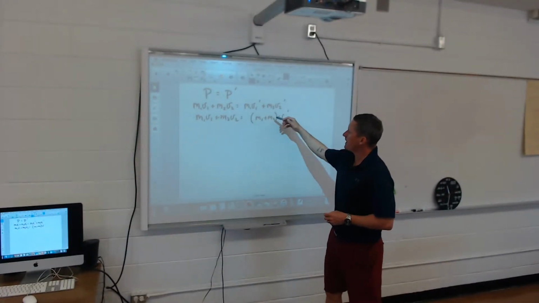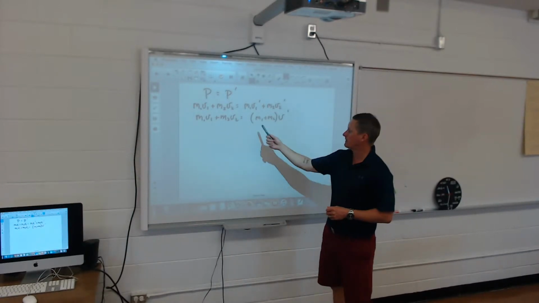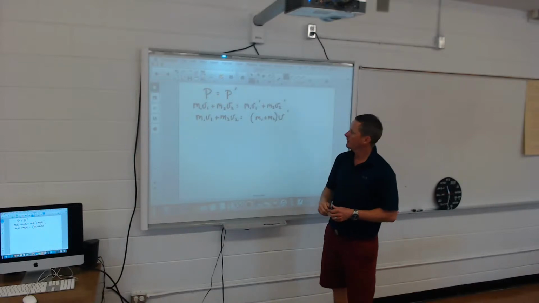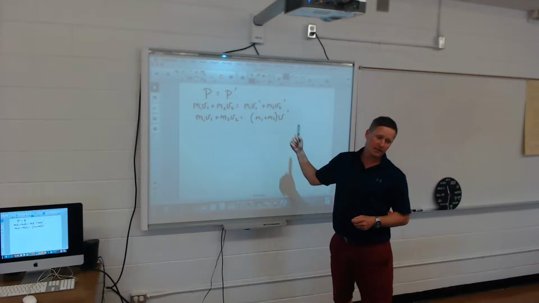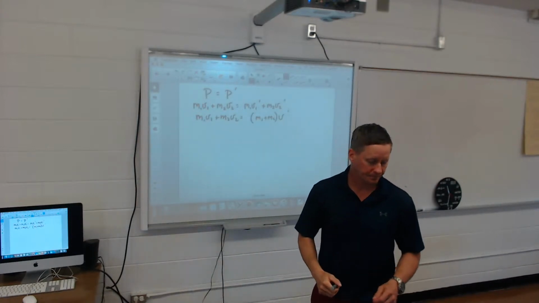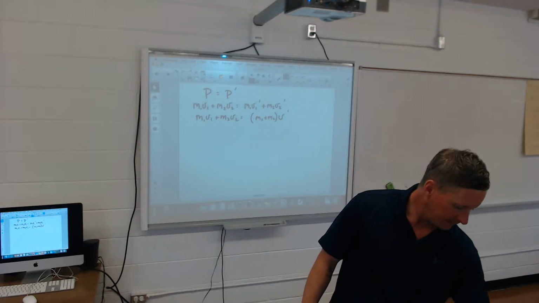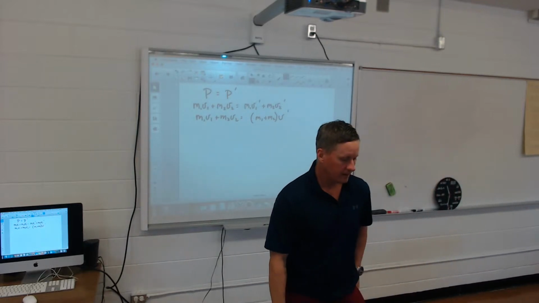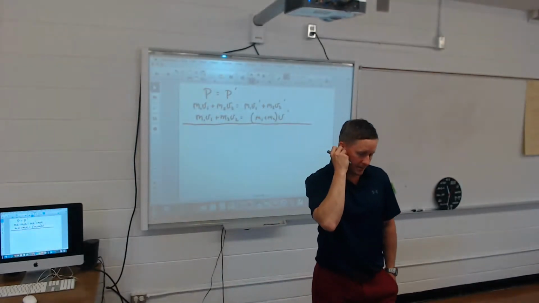So this is if I have a collision of two objects and the objects stick together. If they stick together after the collision, then I only have one velocity and my momentum is combined between them.